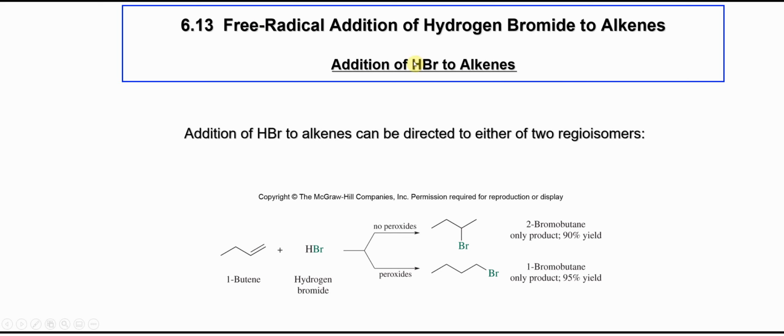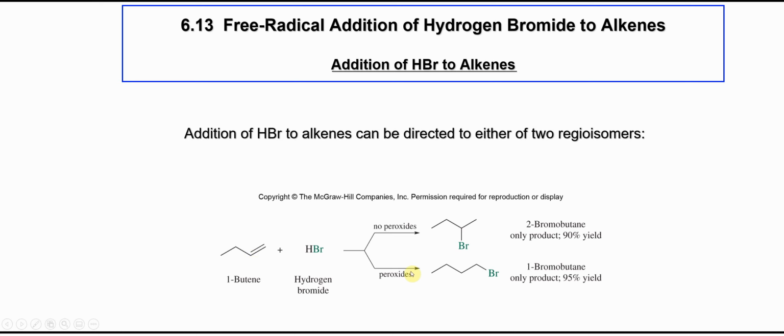And then we also want to show you one more point about free radical addition of hydrogen bromide. So before, when you were discussing hydrohalogenation, for the Markovnikov's product, you simply add hydrogen to the carbon with more hydrogens, and the halogen to the carbon with fewer hydrogens.